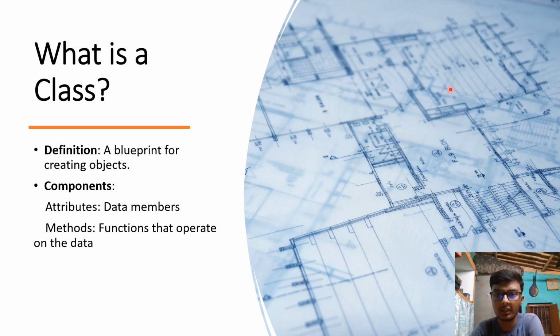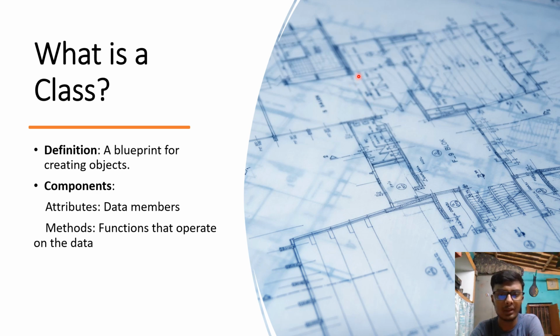You could see there is an image. It represents a blueprint for making a house. But this is not an object. We will make lots of objects from this particular class. That means from this particular template, we are able to make lots of houses.